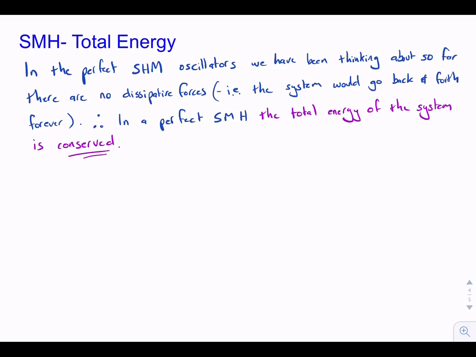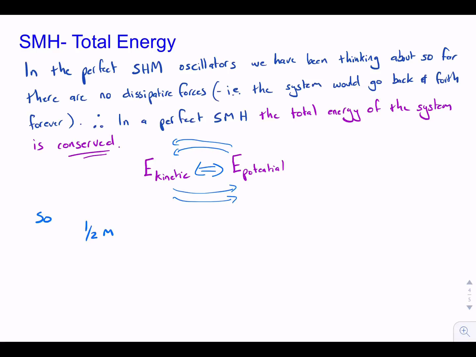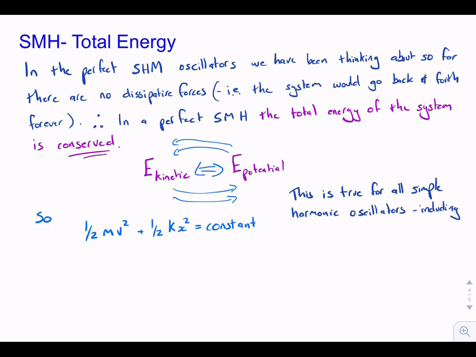This means that kinetic energy and potential energy are constantly being transferred between the two. So a half mv squared, the kinetic energy, plus a half kx squared, the potential energy, has to equal a constant. This general principle of conservation of energy is true for all simple harmonic oscillators, including examples like the pendulum, where gravity drives the restoring force.